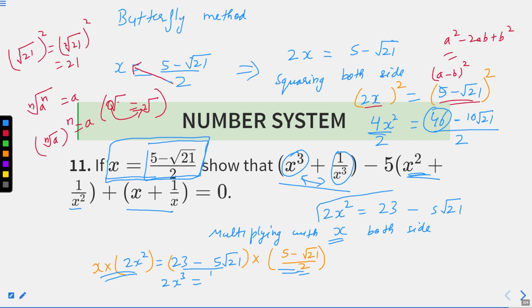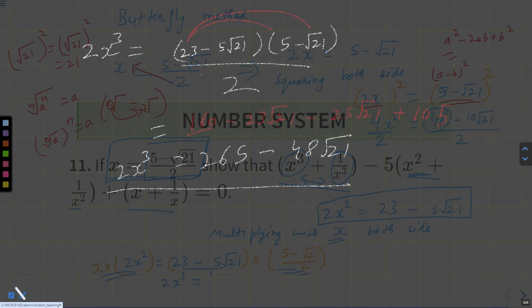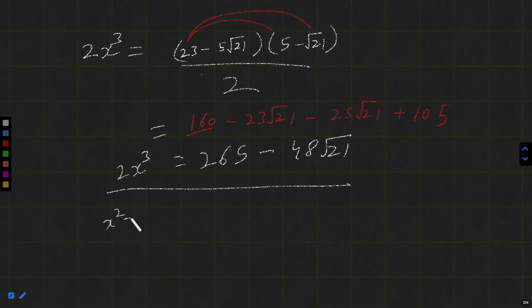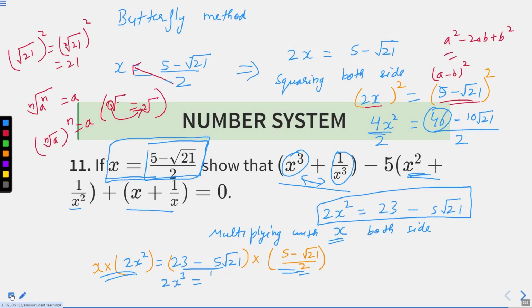So x square is here, and we will now use x square. So x square is 23 minus 5 root 21 by 2. Yes, it is.